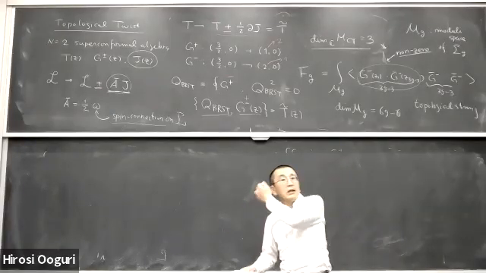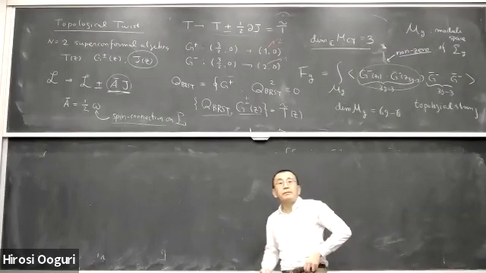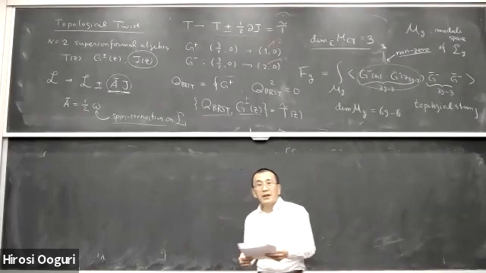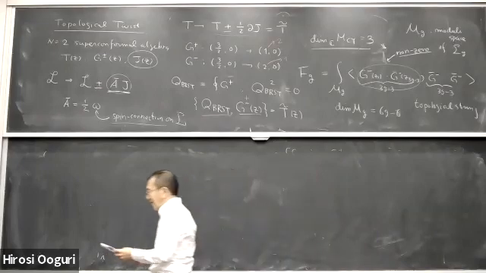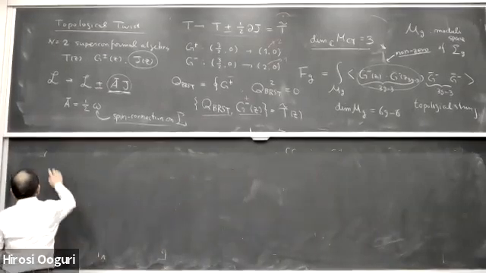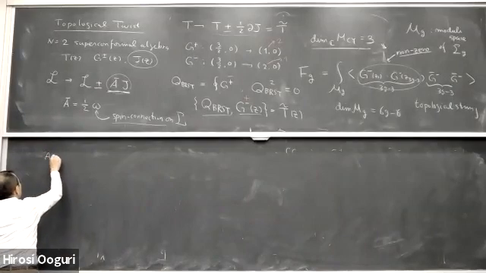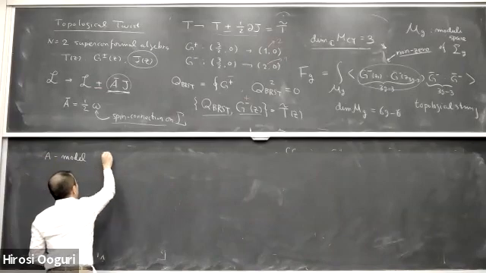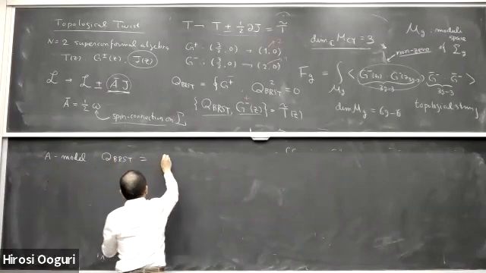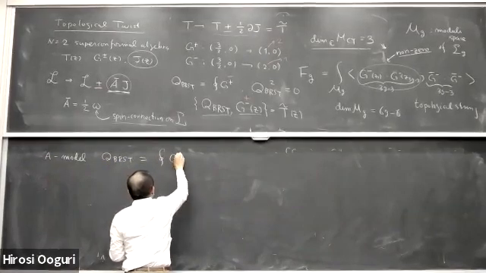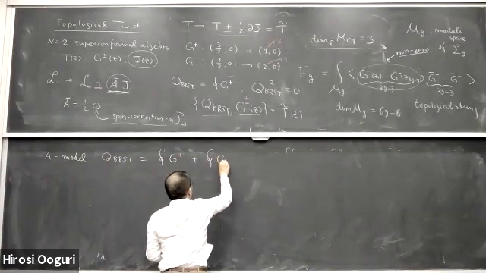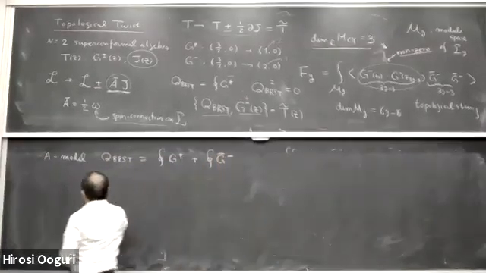So essentially, there are 2 physically different choices of topological twist, and they are called the A model twist and the B model twist. The A model twist is the one in which the BRST operator is given by the integral of G plus for the left mover and G bar minus for the right mover.